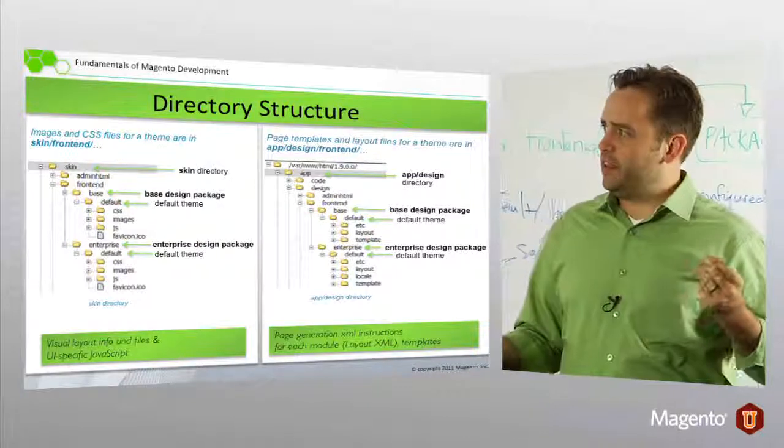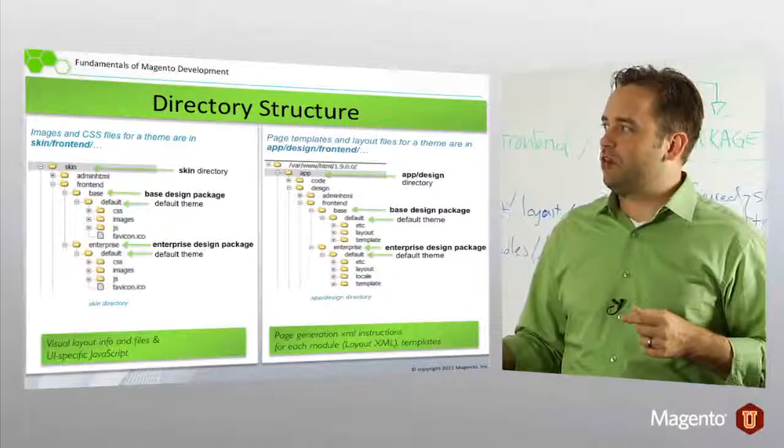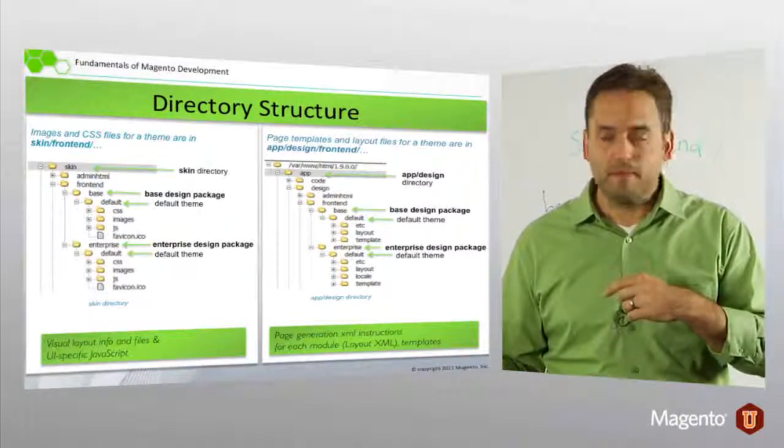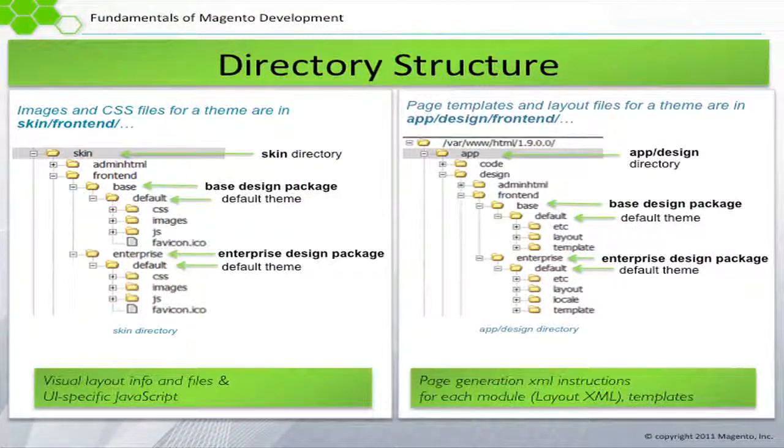And then with Enterprise, you get this Enterprise default package and theme, and that obviously will contain some Enterprise-specific templates and layout, etc. Okay. We'll actually be looking at the administration panel some more and getting into this directory structure and the settings in Magento.